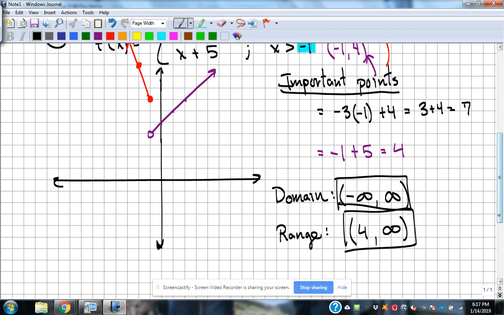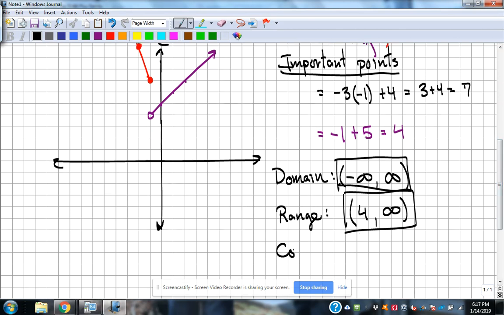One more thing that we'll talk about with this one, it's called continuity. Continuity is the discussion of whether the graph is continuous or not. If something is continuous, just in everyday life, what does it mean? Never stops, keeps going, right?